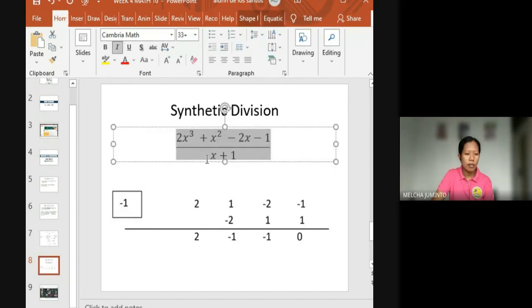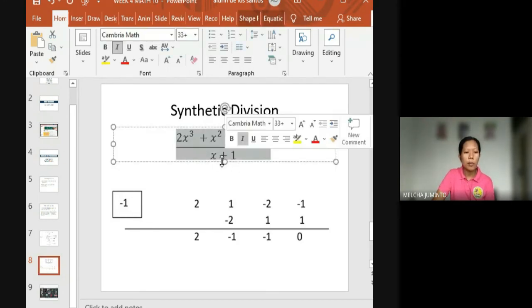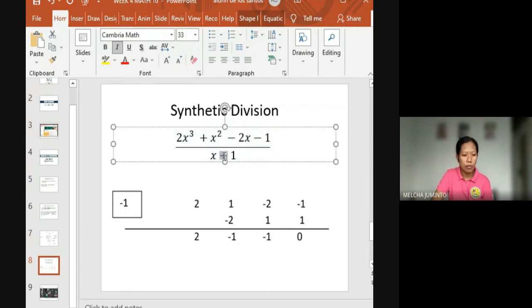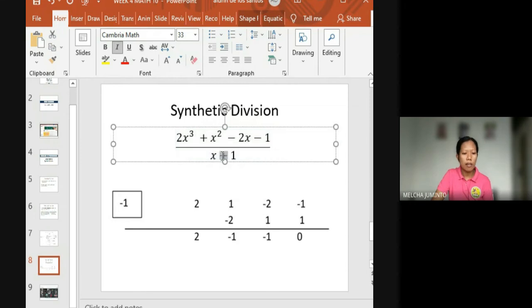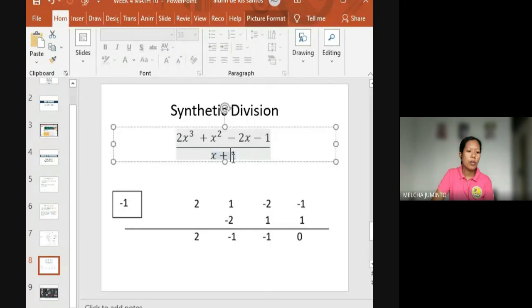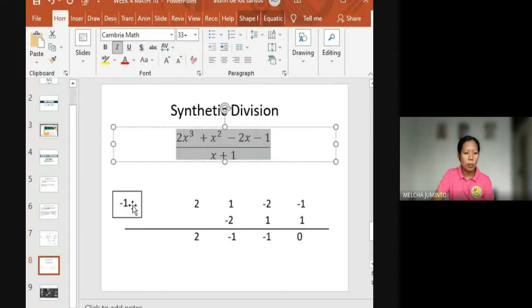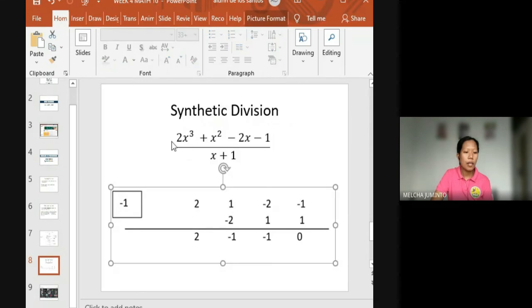In this case, the divisor is x plus 1. You will change the sign of the number. So it is plus 1. Change it to its opposite sign. That's why it becomes negative 1. So if it is x minus 1, you will use positive 1. Always replace the sign.